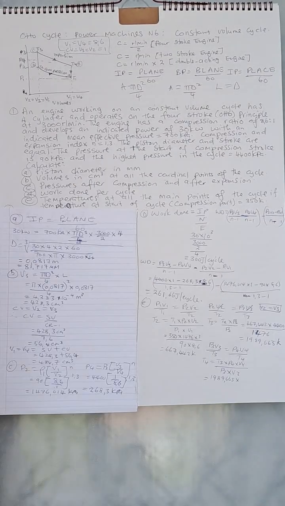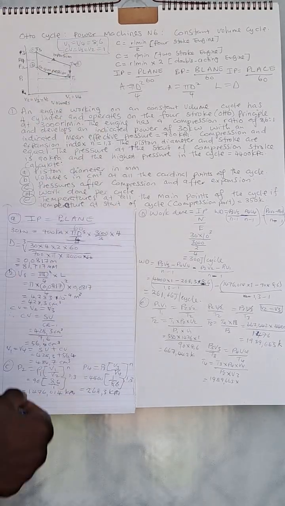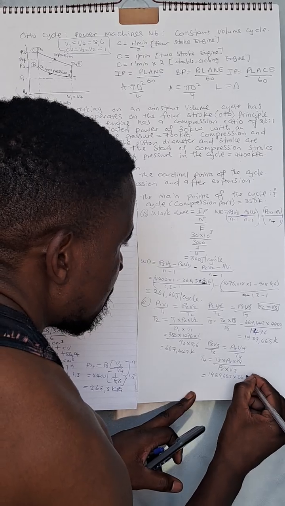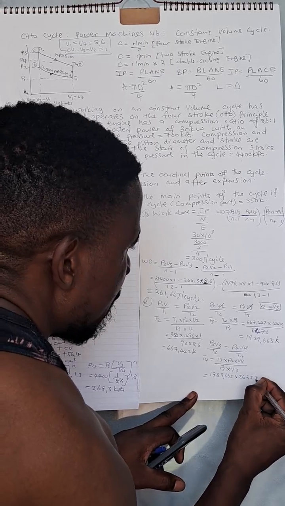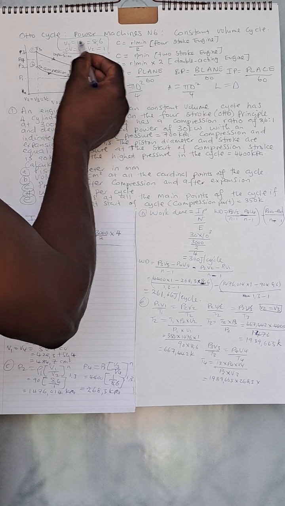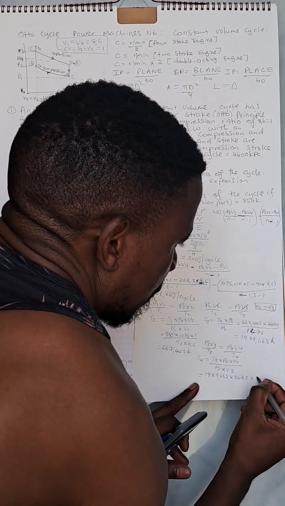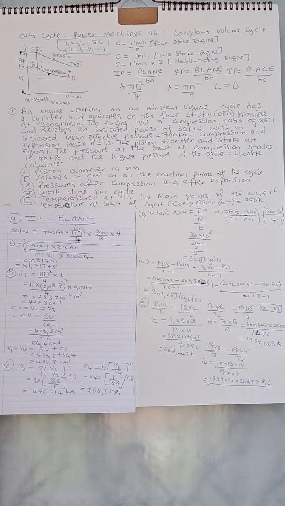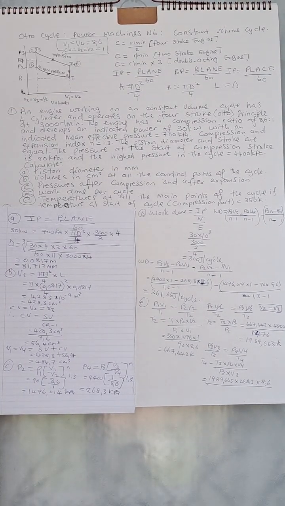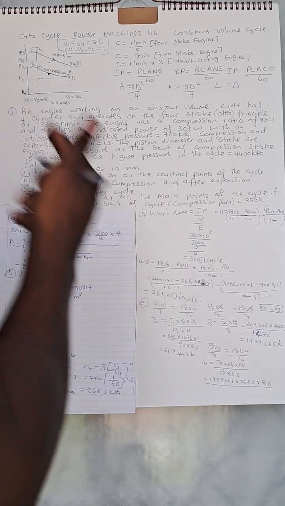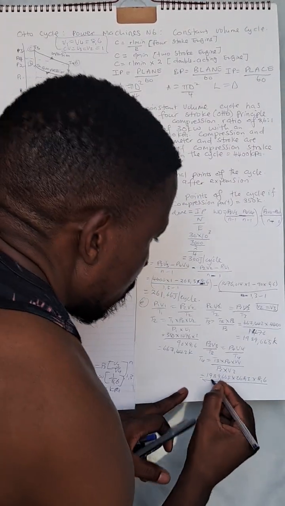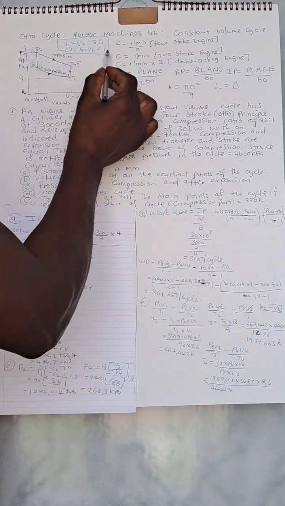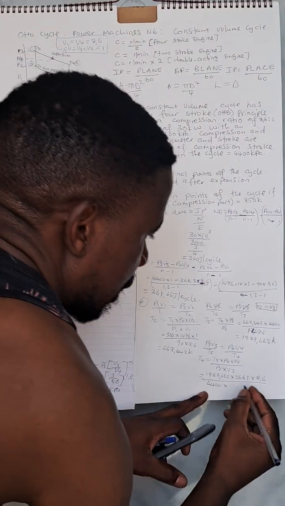Our T3 is 1989.665 times our P4, which we got as 268.3, times our V4. Our V4 is the same as V1, which is 8.6, divided by our P3, the highest pressure on the cycle, which is 4,400 times V3. Our V3 is 1.